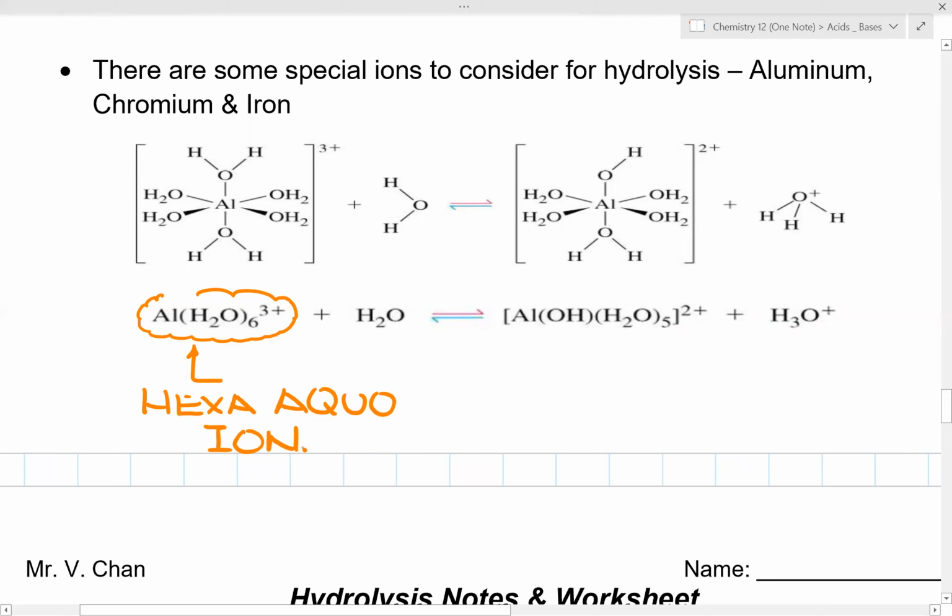So 6 waters attached. And now this new complex is able to donate a proton to another water, and you get your H3O plus. Okay, so that is something that chemists have deduced or hypothesized, given the fact that iron, aluminum, and chromium solutions are acidic.